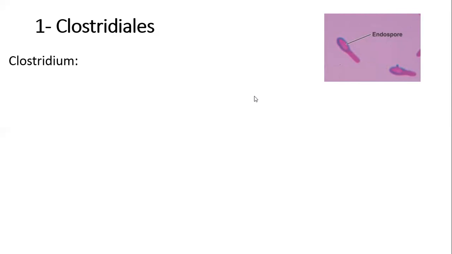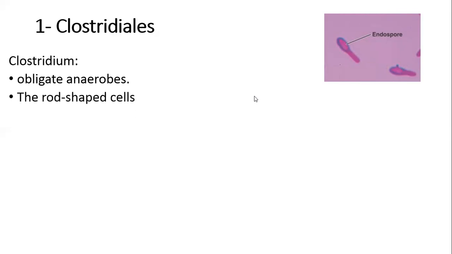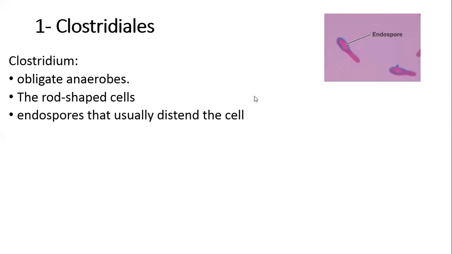So they are obligate anaerobes, and by shape they are rod-shaped cells. They have endospores which are usually found at one end of the cell, and that end becomes swollen.